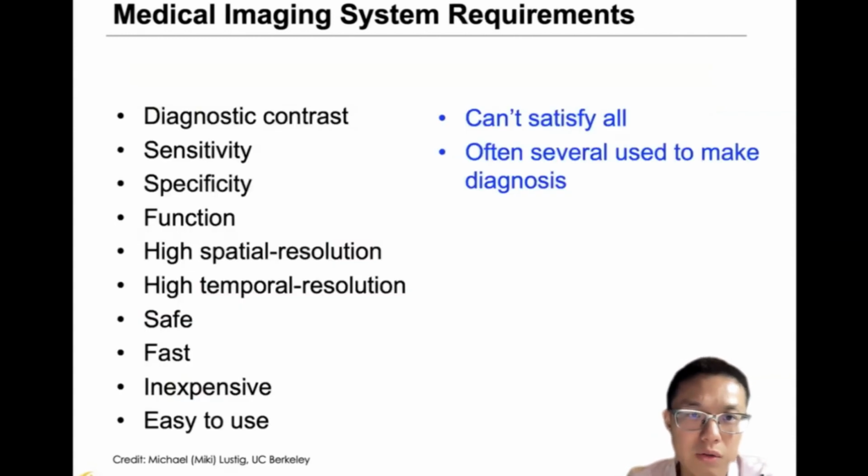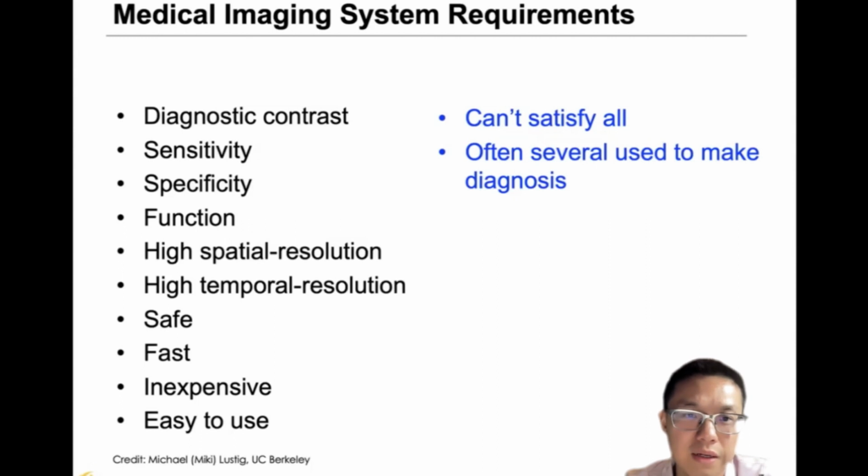There are many requirements for medical imaging systems. First of all, you have to have some diagnostic contrast, so the pixel intensity in the image has to have different contrast.